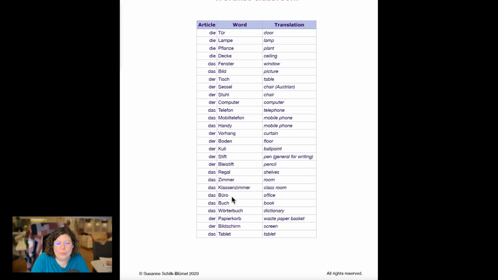Das Büro. Das Buch. Das Wörterbuch. Der Papierkorb. Der Bildschirm. Das Tablet.